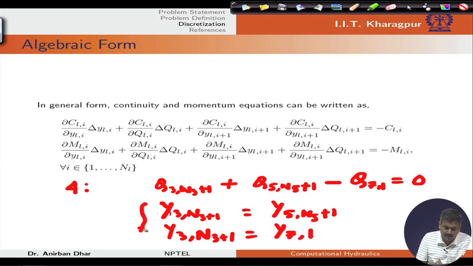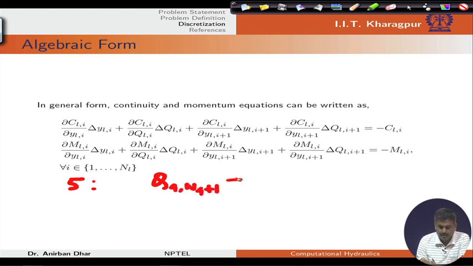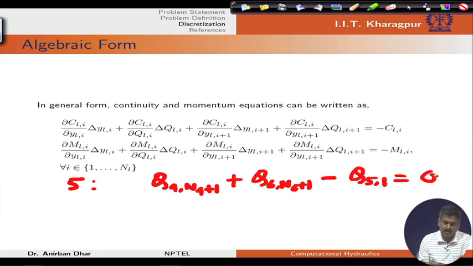So, two conditions here and one for discharge. Similarly, for junction node 5, this amount is added, Q4 N4 plus 1, also Q6 N6 plus 1 minus Q5 1, this is equal to 0.